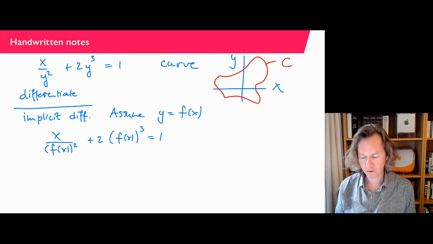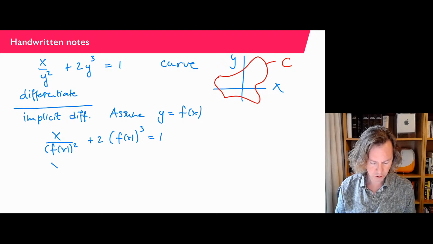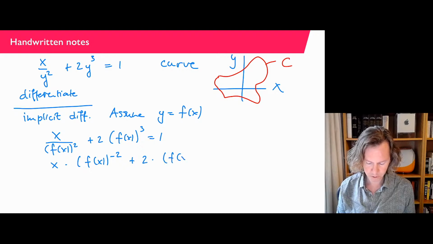And because I need to differentiate, I prefer to write this as x times f(x) to the power minus 2 plus 2 times f(x) to the power 3 equals 1.